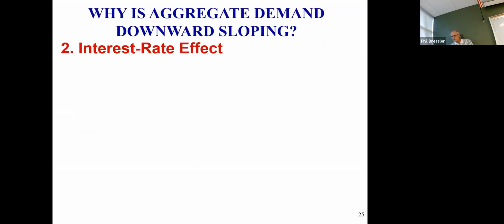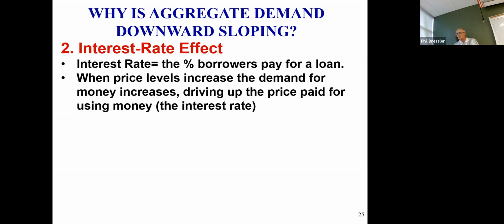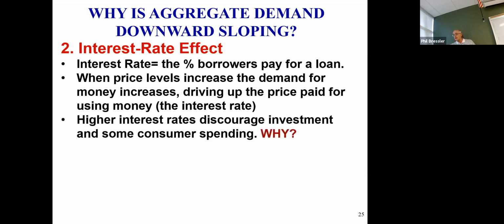Second is the interest rate effect. We talked about this just now in crowding out. When price levels go up, the demand for money increases, so interest rates go up. Higher interest rates discourage investment and consumer spending.